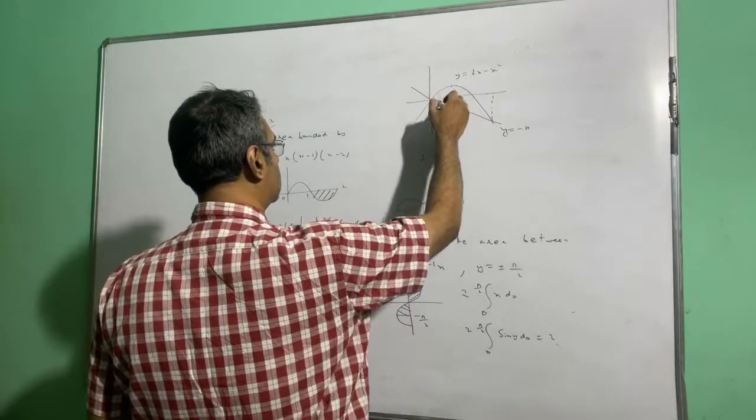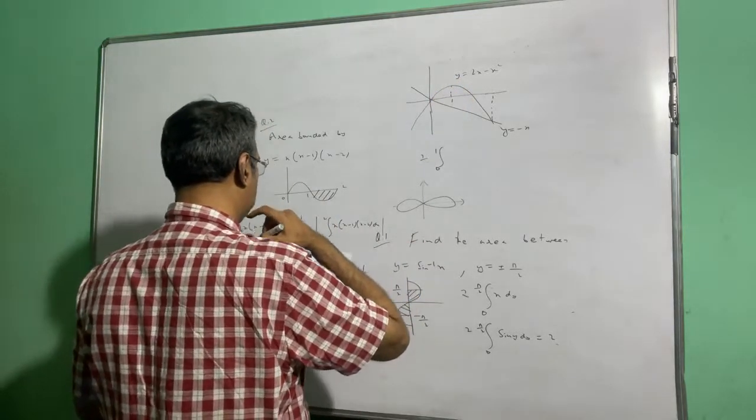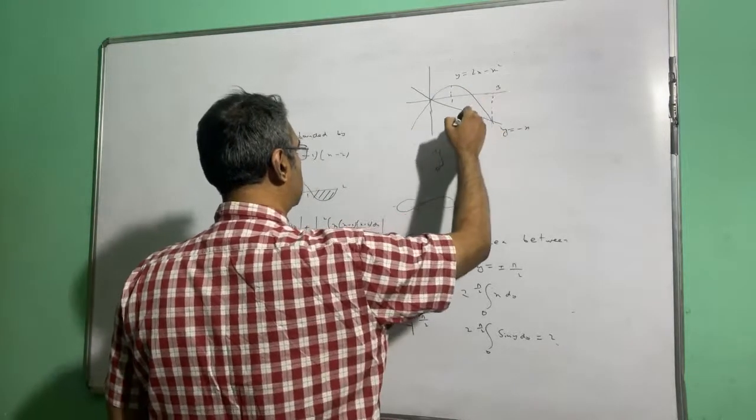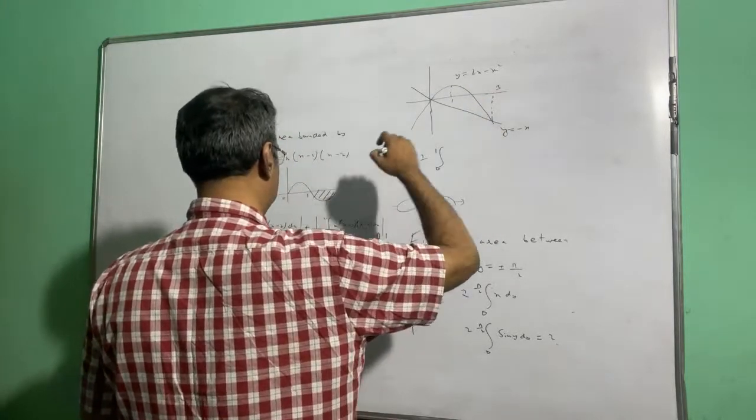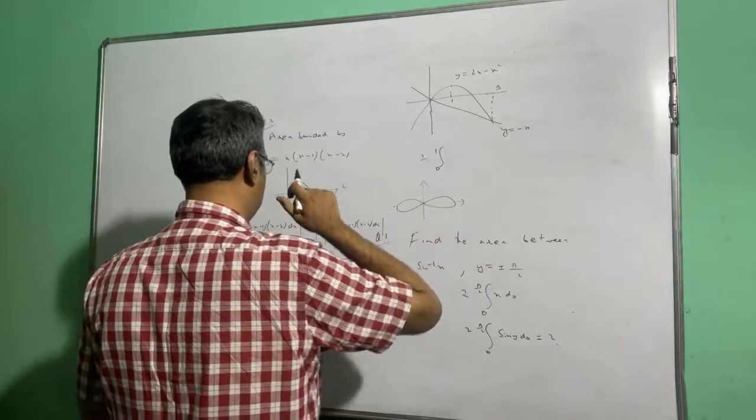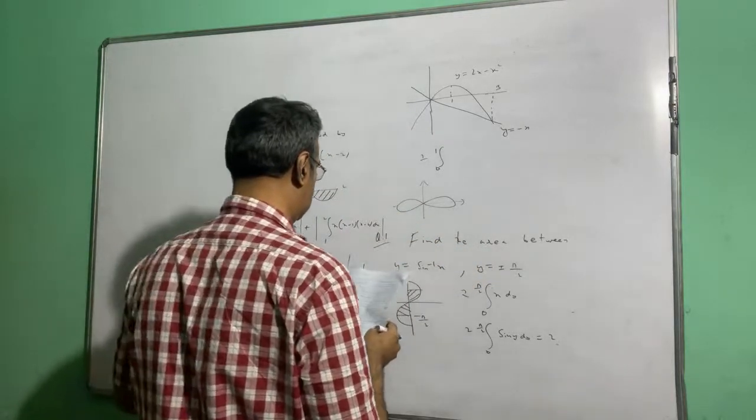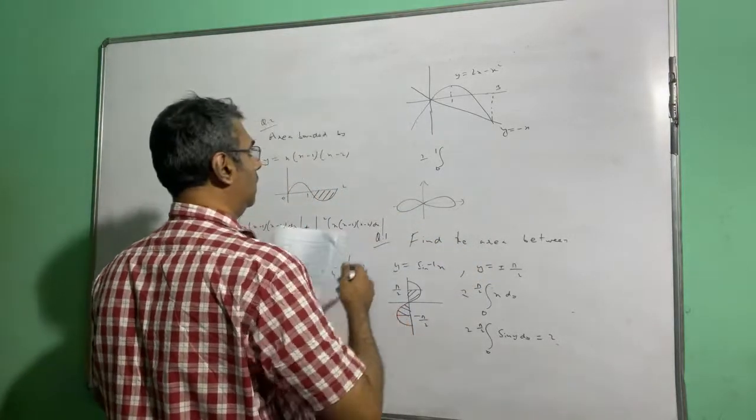So this point is x equal to 1 and this point is x equal to 3, and this point is x equal to 2.